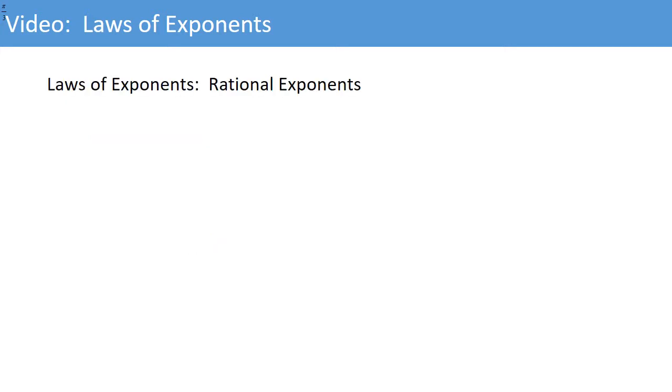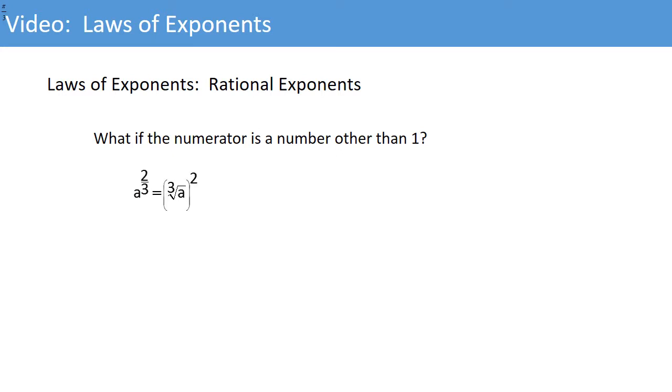But what happens if the numerator is a number other than 1? For example, you could have a to the exponent 2/3. This means that you take the cube root of a, since the denominator is 3, get your result, and then square it.